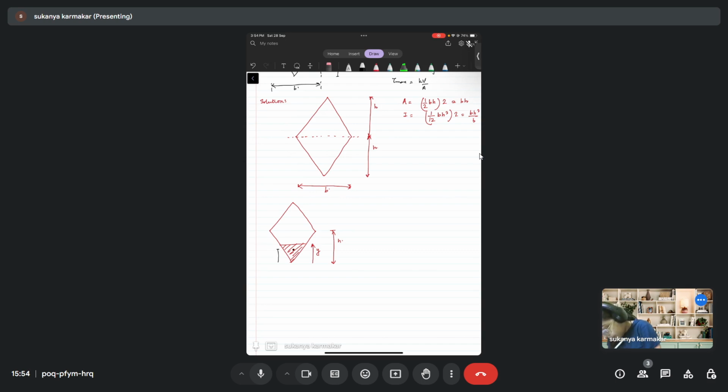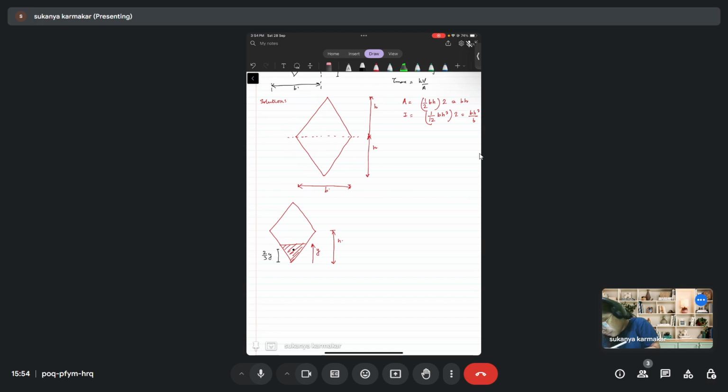From this edge, it will be at 2 by 3 y. Now, for a cut at location y, where y is less than or equal to h, you need to write out the expression for the area. Then we'll write down the expression for Q, and then the expression for shear stress.